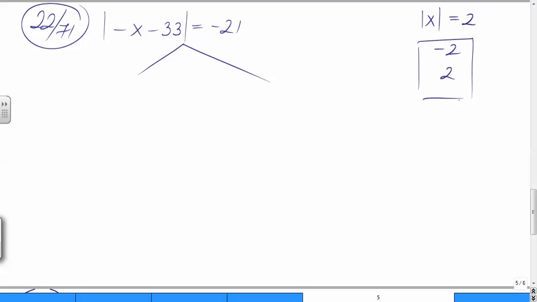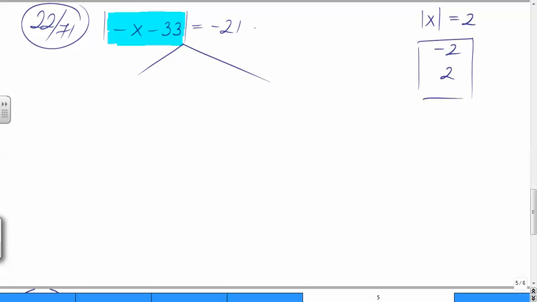But hold on, before I'm moving on with this problem, what do you guys notice? My equation here is saying that the absolute value of this expression equals a negative number. Is that possible? It's not possible, right?